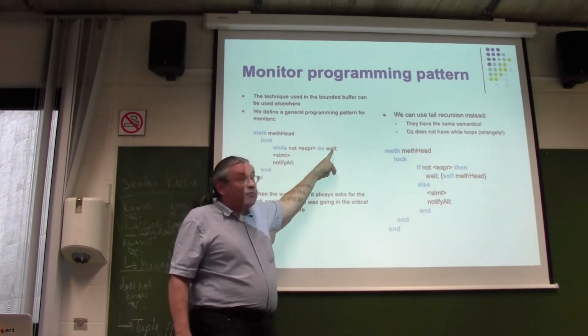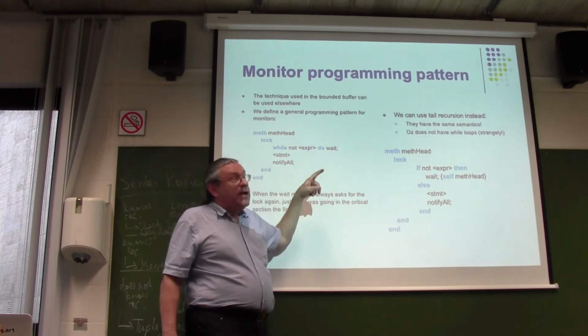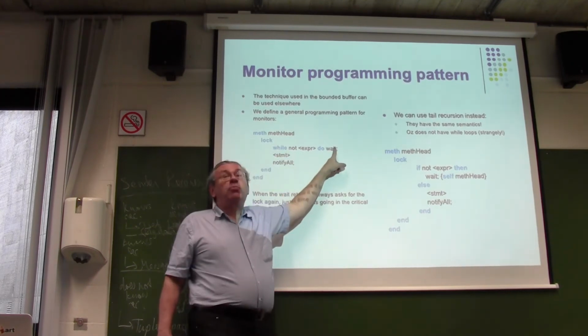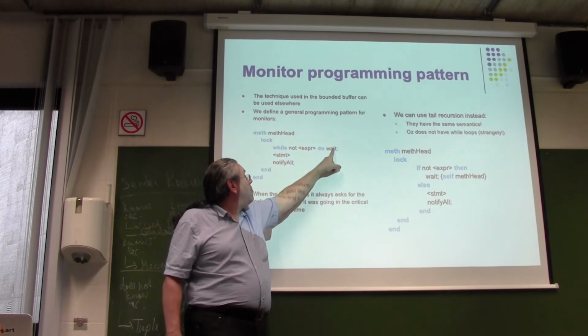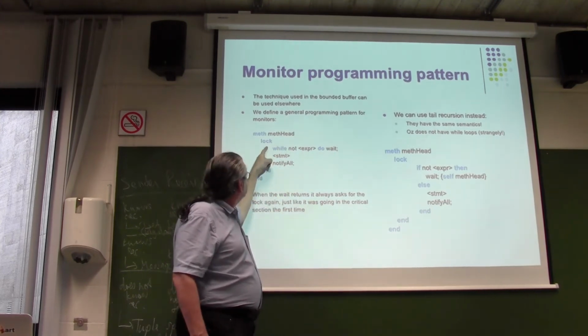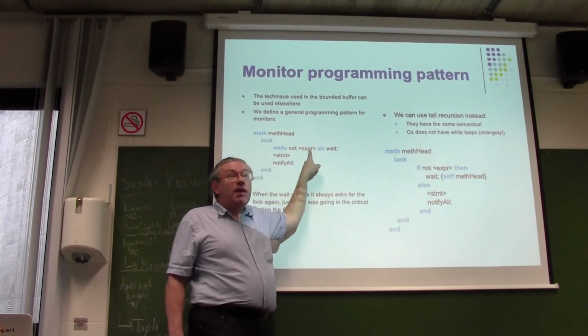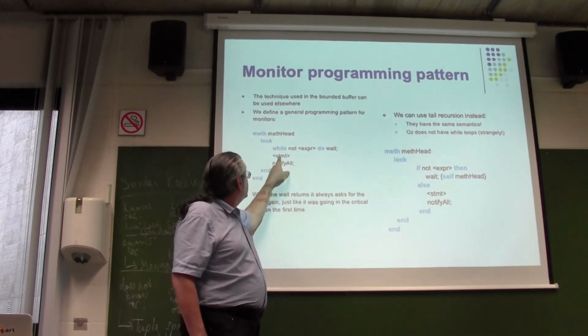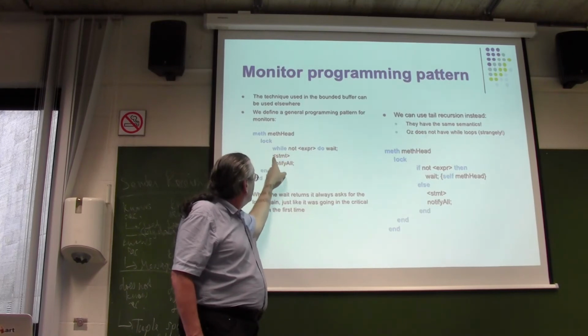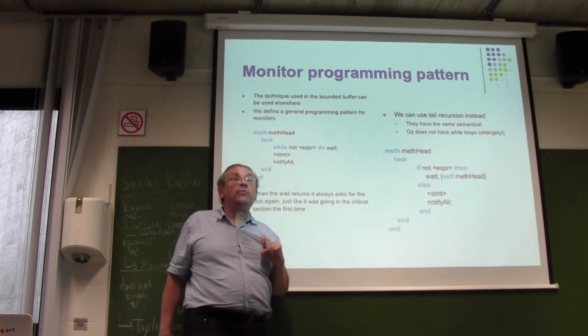But when the waiting thread wakes up, it's still inside the while loop. Okay? It wakes up, and the first thing it does is it goes back to the while loop and checks the condition again inside the lock. So we'll only execute the statement when there's a slot available. Okay?